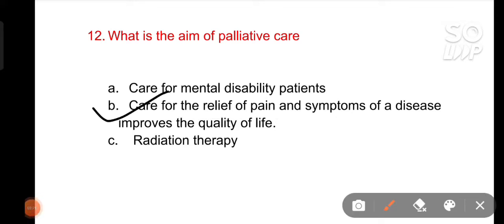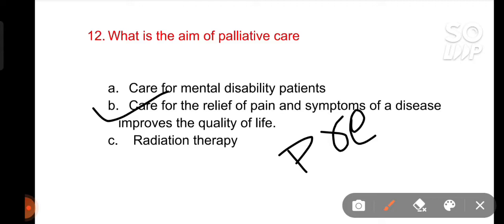So the aim of palliative care is to relieve the pain, symptoms of a disease and improve the quality of life. But we are not preventing the disease. Okay, just remember, we are not preventing the disease, we are not controlling the disease, but we are improving the quality of life of the patient.